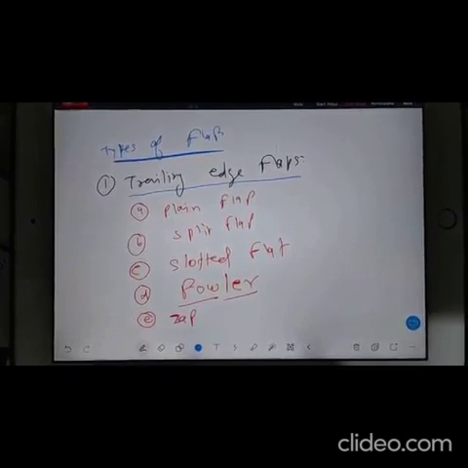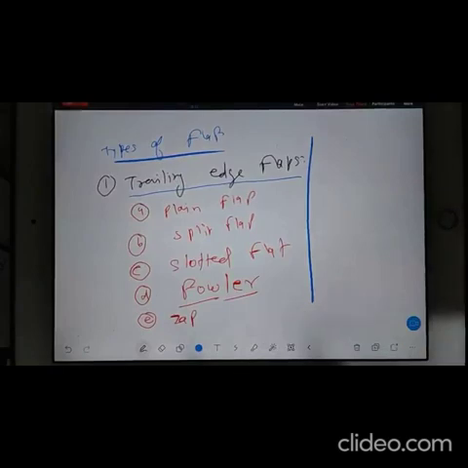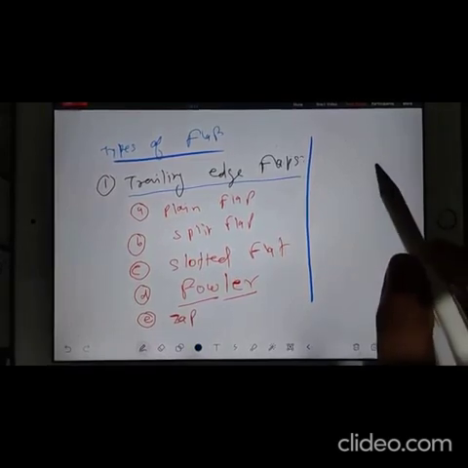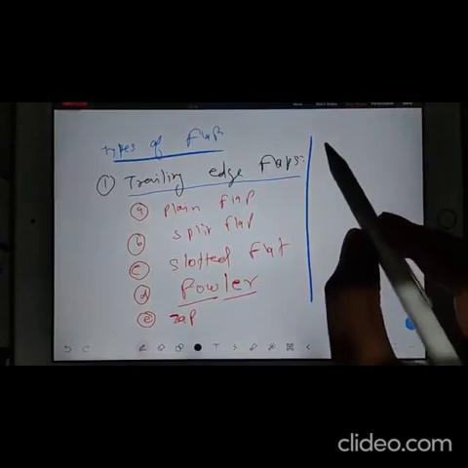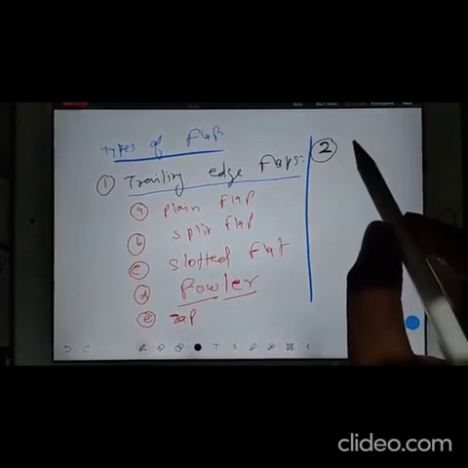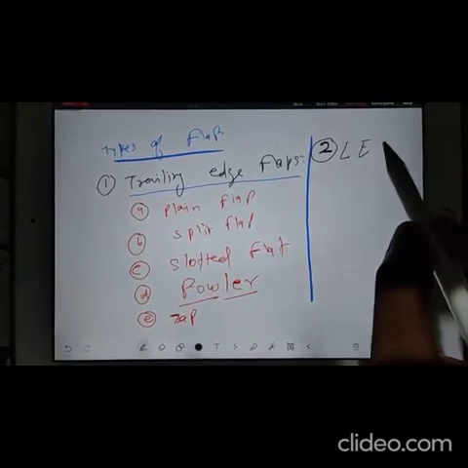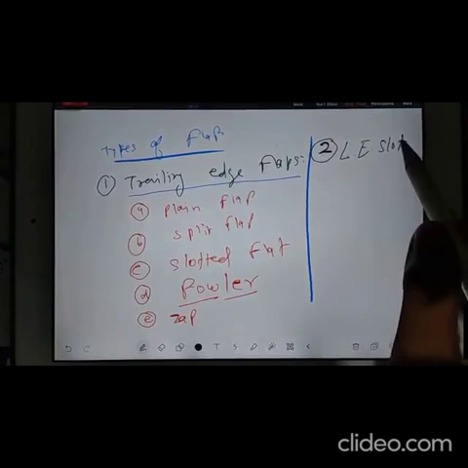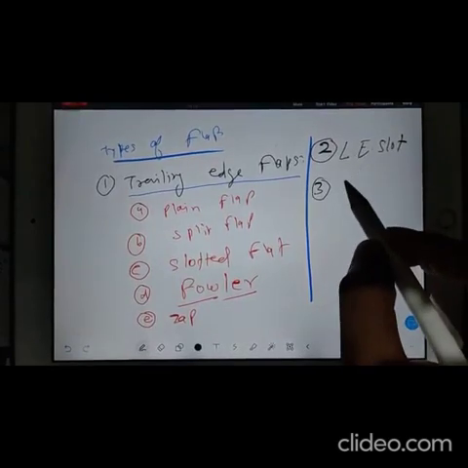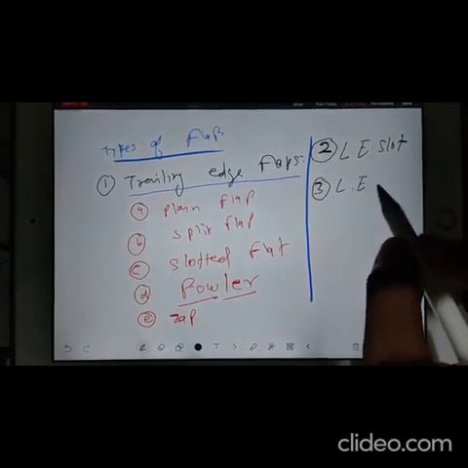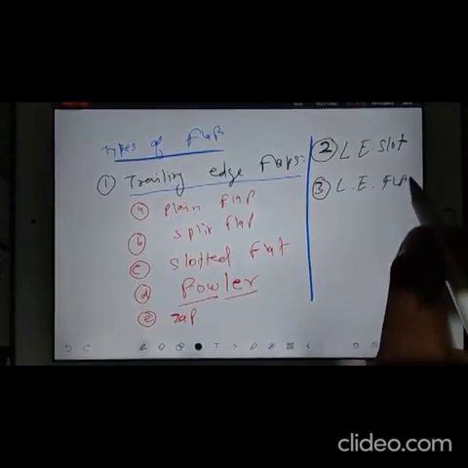Z-A-P. After trailing edge flap, you have leading edge flaps. So in leading edge, you have flap. So in that, your second category is leading edge slot. Leading edge slot. Then you have third category, then leading edge flap.